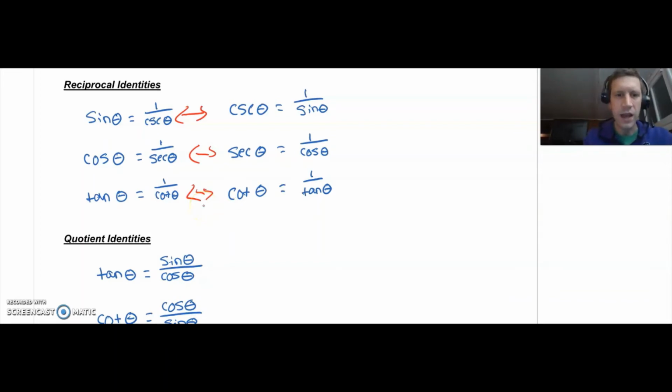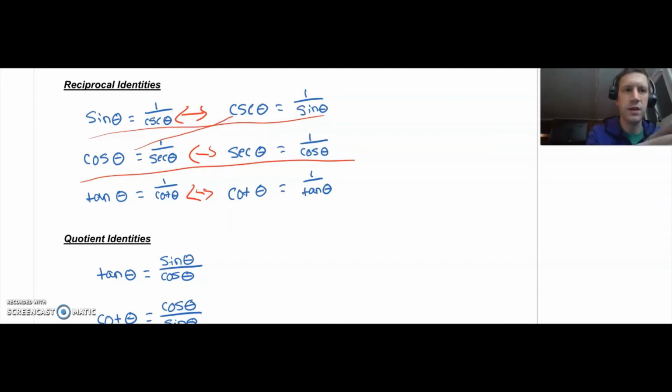And then remember the other 2, every pair has one function that starts with the letter C. So cosine won't go with cosecant, because those both start with C. But secant is the other one that's left, and then sine would go with cosecant. So everyone has one that starts with the letter C. That's how I remember it.